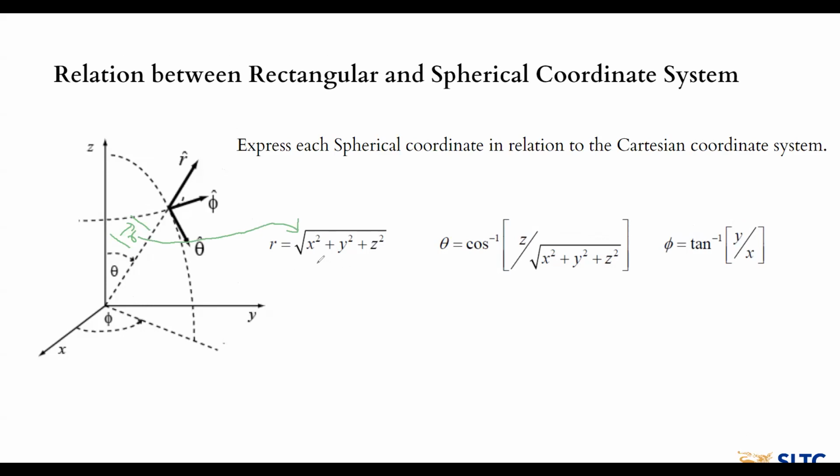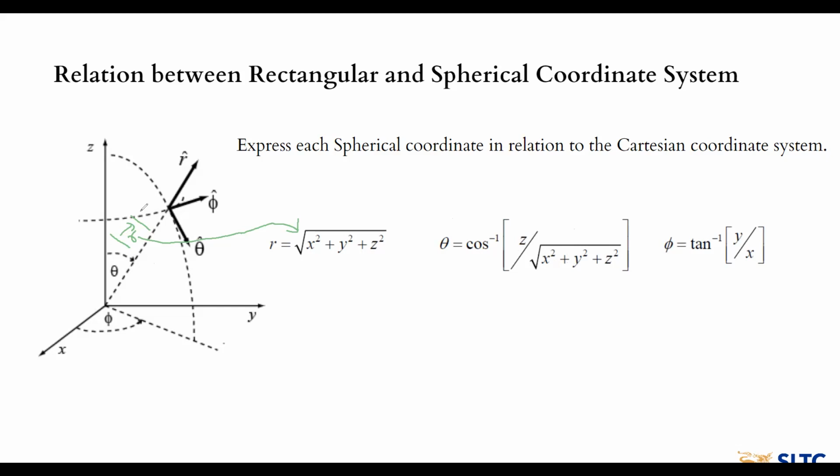If we want to translate XYZ coordinates into r, θ, and φ coordinates, then we need to use these equations. Also, the θ angle we can define using the cos inverse of z over the square root of x squared plus y squared plus z squared, right?